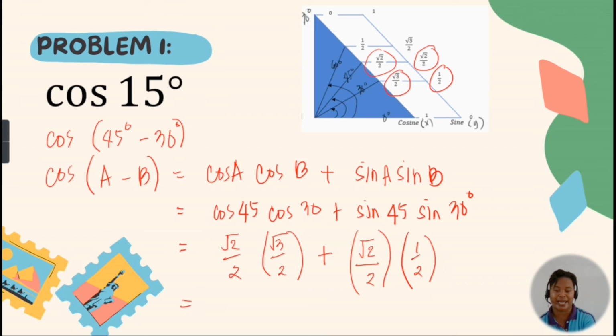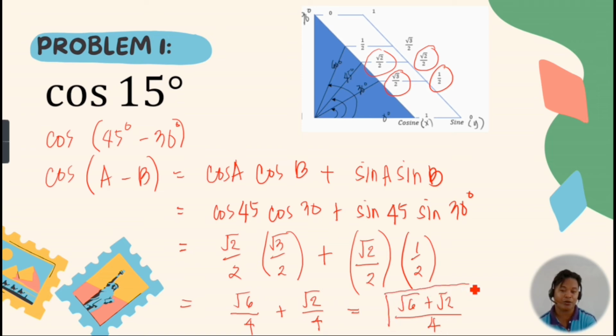So simplify: square root of 6 over 4 plus square root of 2 over 4. Then we have square root of 6 plus square root of 2, all over 4. So this is now the value of cosine 15 degrees. This is the exact value. Did you understand? Okay.